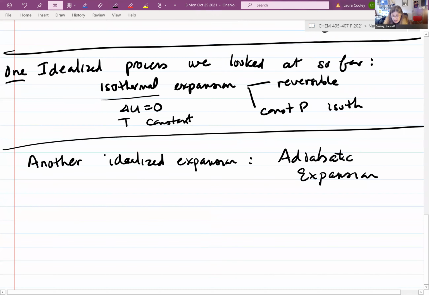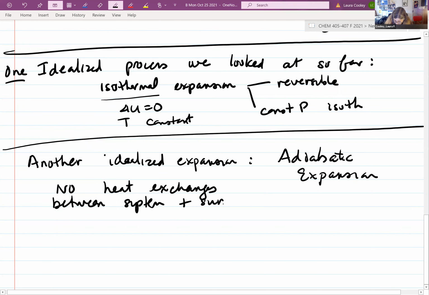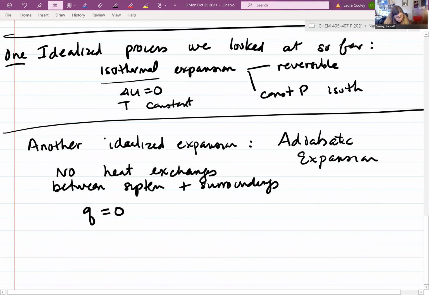And in an adiabatic expansion, no heat exchanges between the system and the surroundings, which is to say Q is equal to 0. Okay, so what this means is if you have an expansion, but Q is 0, right? Remember, delta U is Q plus W. If Q is equal to 0, then delta U is the work.